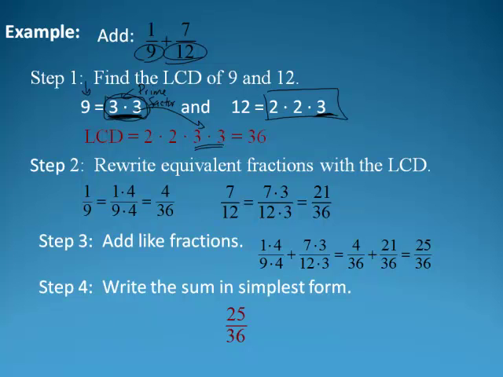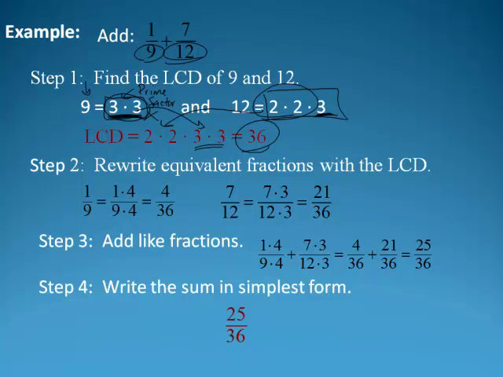Factor of 2 doesn't appear at all in 9, but it does appear twice here, therefore it will appear twice in the least common denominator. There are no other factors, there's just 2's and 3's, so multiply all those together. 2 times 2 is 4, times 3 is 12, times 3 is 36 for your least common denominator.